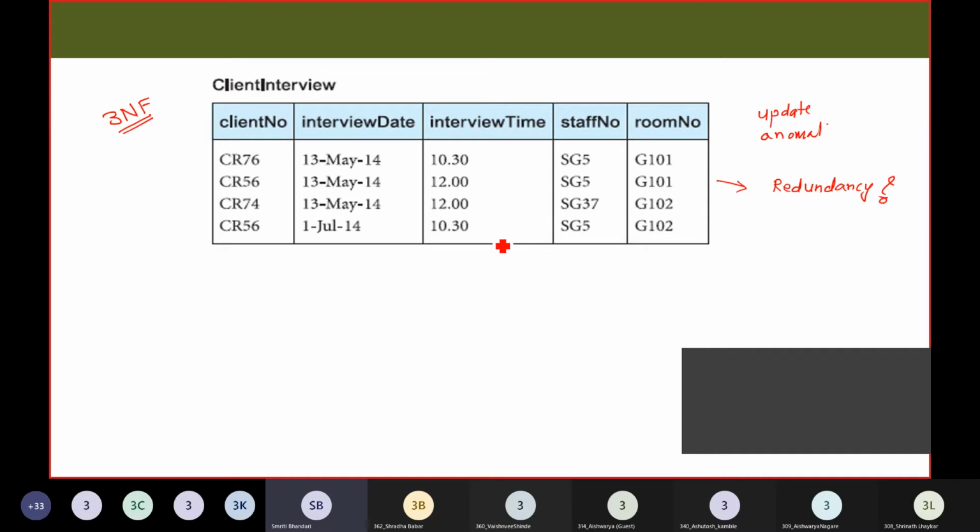If we look at this instance, on the 13th of May, this staff number SG5 is allocated this room G101, right? And on the same date for the same staff number, in this relation we have two entries.